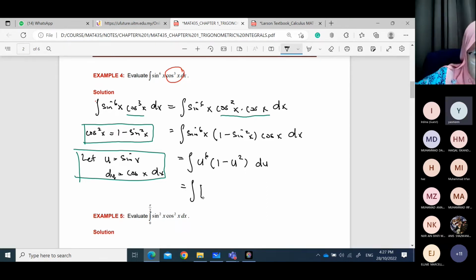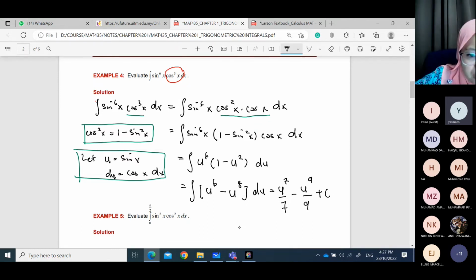Kemudian apa you kena buat adalah expand, then we have u to the power of 6 minus u to the power of 6 times u to the power of 2. So we have u to the power of 8. 6 plus 2, we have 8 here. Okay, and then you integrate, then here we have u to the power of 7 over 7, so minus u to the power of 9 over 9 plus c.